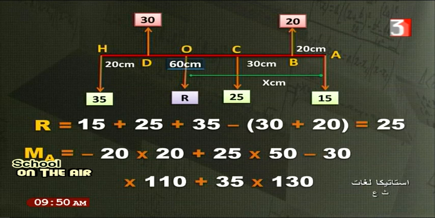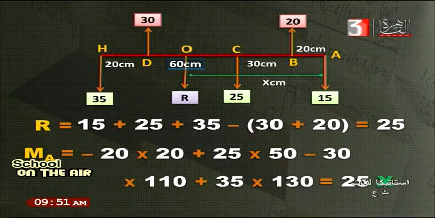Don't forget, my dear student, forces up 20 and 30 are negative: negative 20 times distance 20 plus 25 times 50 minus 30 times 110 plus 35 times 100 equals 25x. What does this mean? The moment of the forces about point A equals the moment of the resultant about A. The moment of the resultant is 25 times x.